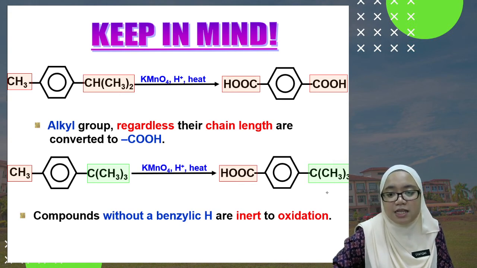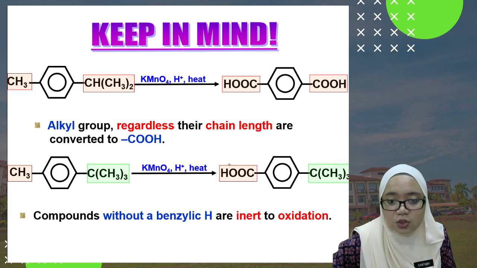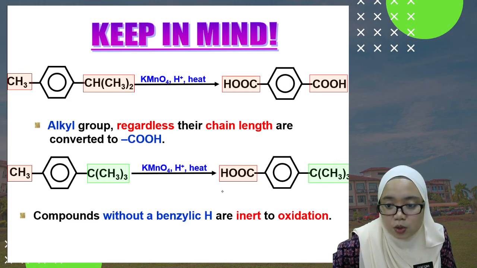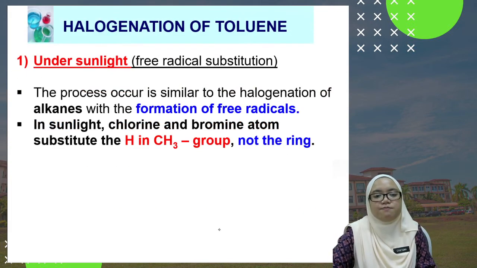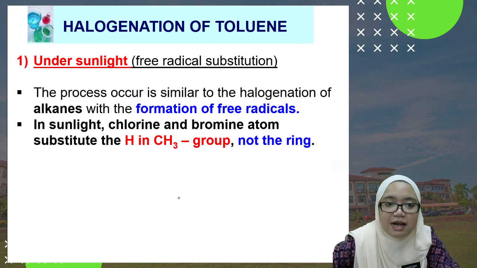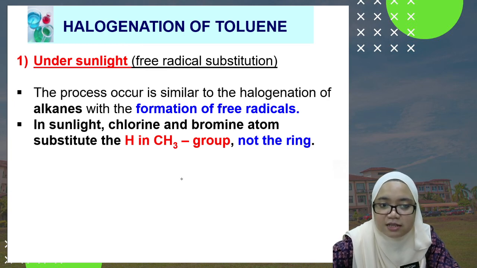Sebab tu dia akan maintain the same kat sini. Okay, cuma yang ini saja dia tukar jadi COOH. Okay. Last, kita ada halogenation of toluene. So halogenation of toluene, bila dia cakap halogenation of toluene, dia adalah free radical substitution and must be formed under sunlight.